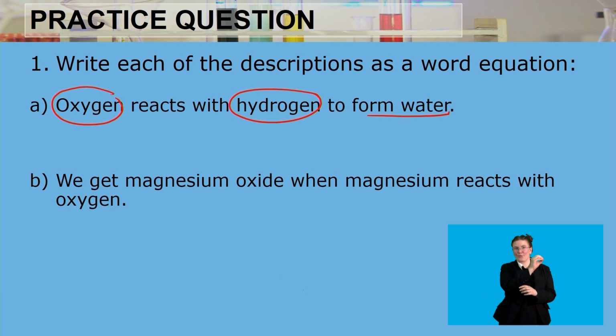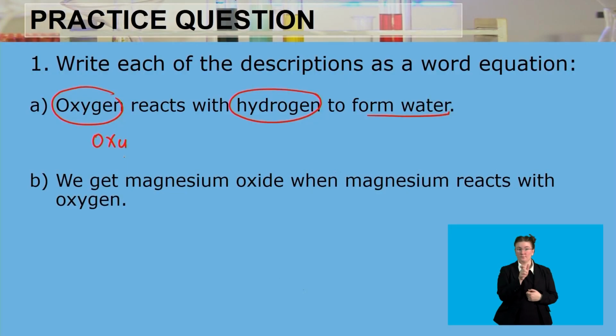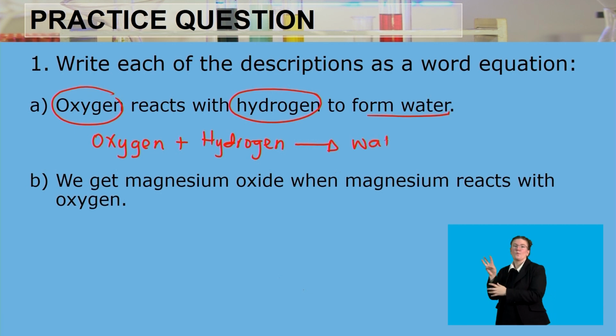We also know that when we have more than one reactant, in this case we have two, those reactants are going to be separated by a plus sign. Now to separate the reactants and the product, we're going to use an arrow pointing away from the reactants and pointing towards the products. So we have oxygen plus hydrogen reacting to form water.